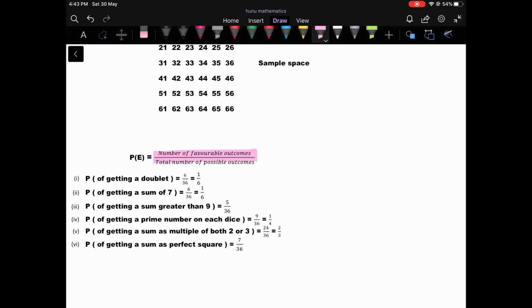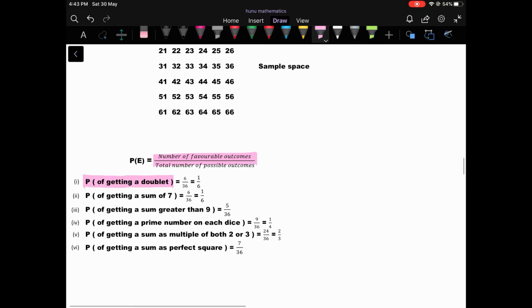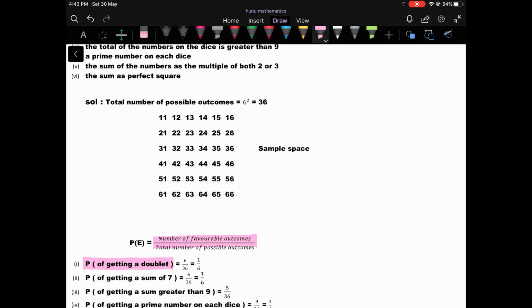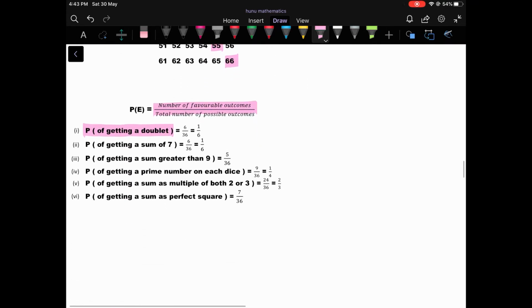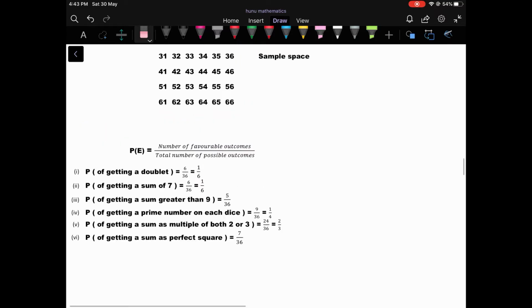First part, the probability of getting a doublet. Here doublet means the same number appearing on both the dice. So they are 1 1, 2 2, 3 3, 4 4, 5 5, 6 6, and we have 6 such numbers. So the probability is 6 by 36, which equals 1 by 6.